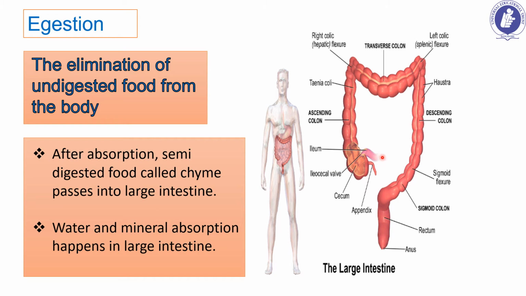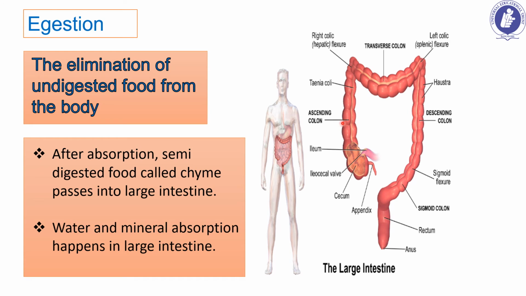So we have already spoken about this. The small intestine consists of the duodenum, jejunum and ileum. In this picture you can see the ileum opening up into the large intestine. After absorption, the semi-digested food, called chyme, is passed into the large intestine from the small intestine.